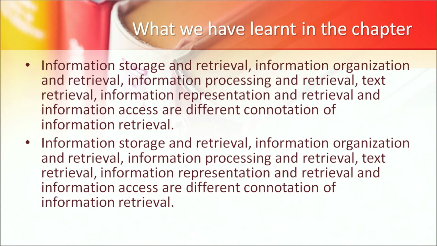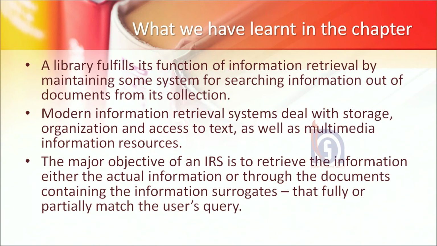We have also learned that information storage and retrieval, information organization and retrieval, information processing and retrieval, text retrieval, information representation and retrieval, and information access are different connotations of information retrieval. Learners, we have also learned that a library fulfills its functions of information retrieval by maintaining some system for searching information out of documents from its collection.